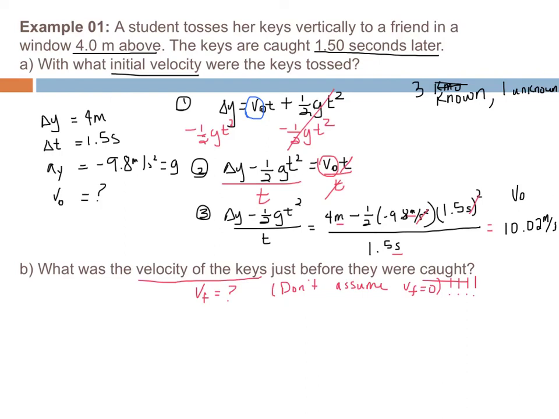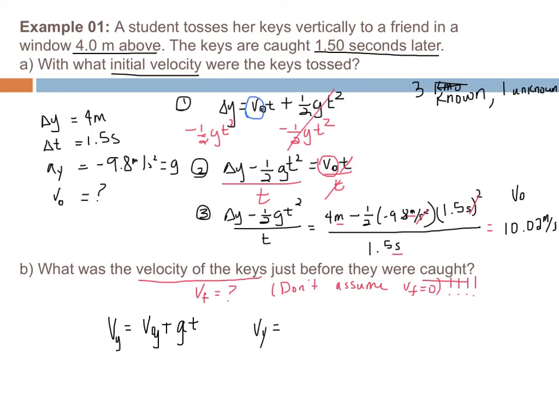So if we're trying to solve for final velocity, we're going to use the AP notation now. Final velocity is initial velocity plus acceleration times time. Because we are talking about the y direction, I can specify this is y, and this is g.